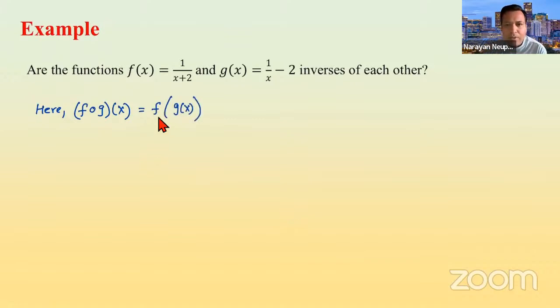Or we can also write it like this: this is equal to f of g of x, and g of x is 1 over x minus 2. It becomes f of 1 over x minus 2.